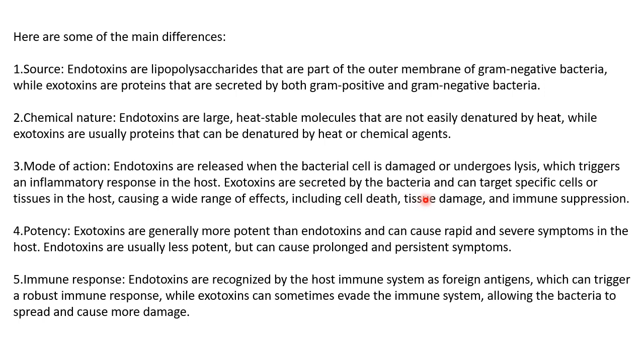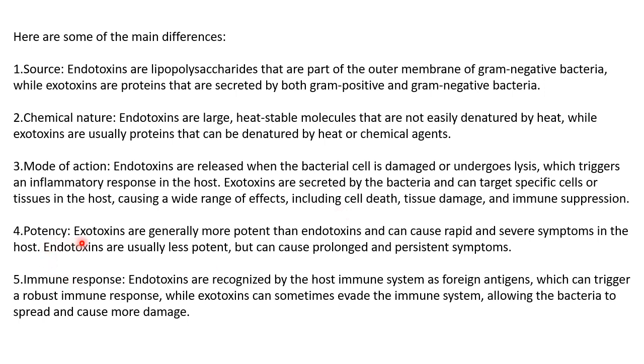Exotoxins are secreted by bacteria and can target a specific cell or a specific tissue in the host, thus causing a wide range of effects, including cell death, cell damage, and immune suppression. So you can see what kind of changes an exotoxin can have on a host, and thus it has high toxicity.